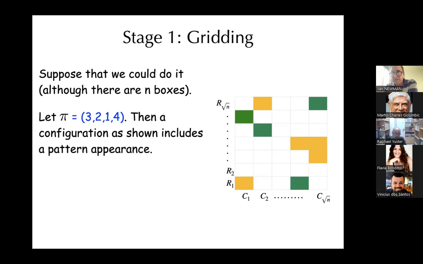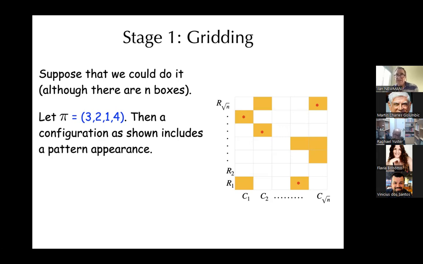Because if you look at these green boxes, since they are non-empty, each of them contains a point, and it doesn't matter which point I take from any of these boxes, it will form a 3214, because the green boxes themselves are 3214 in the order of the grid. So hopefully everyone sees that. Here I took a point in each of these green cells, and you see that this forms a 3214 in the function.